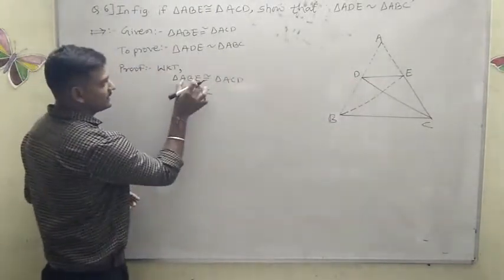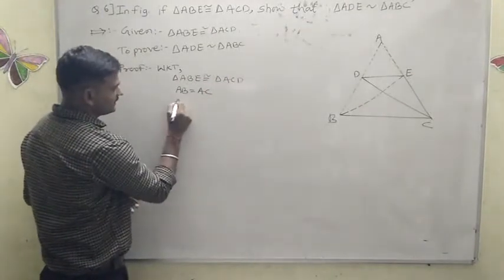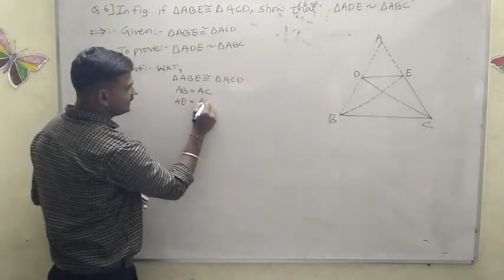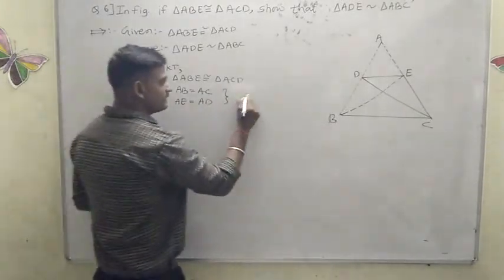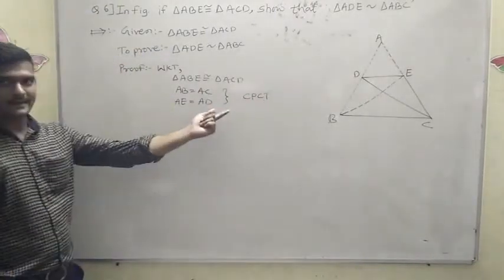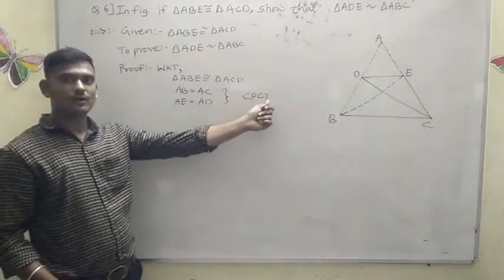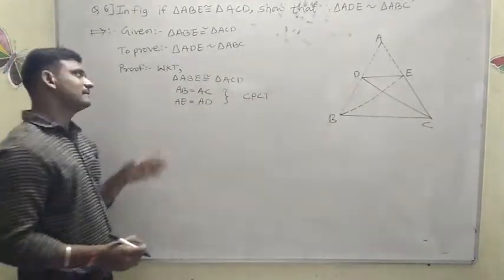And one more thing, that is side AE is equal to AD. What is the reason? The reason for both is CPCT, corresponding parts of congruent triangles are equal. Therefore, these two sides are equal in length.